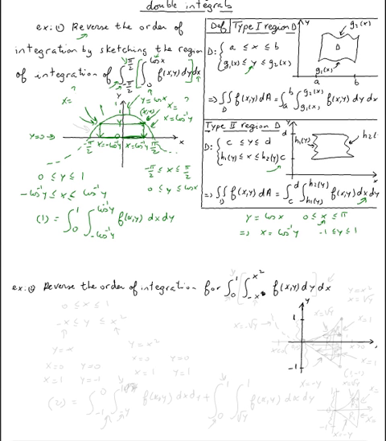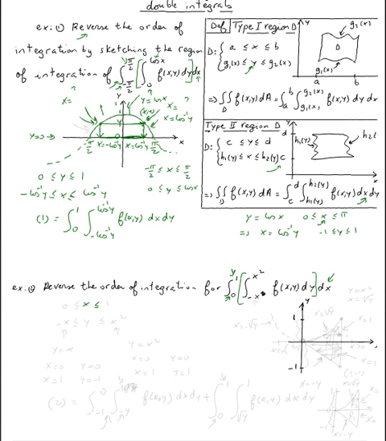Alright. Now next integral, again, I need to reverse the order of integration. So I need to sketch my region of integration. Since the dx is outside, I know those are x values.